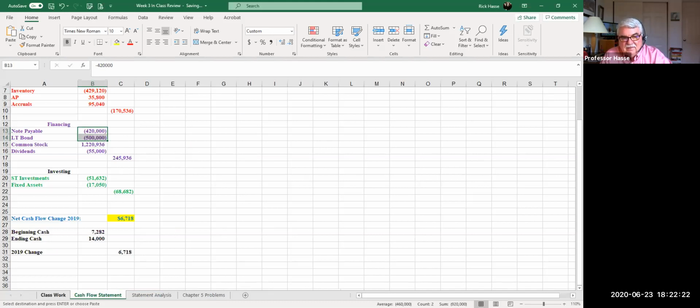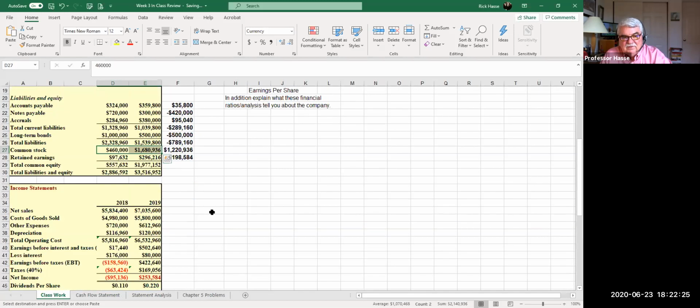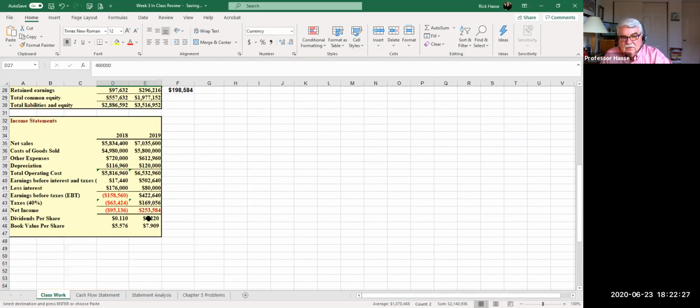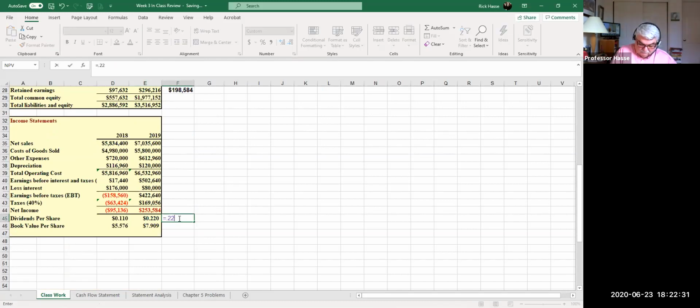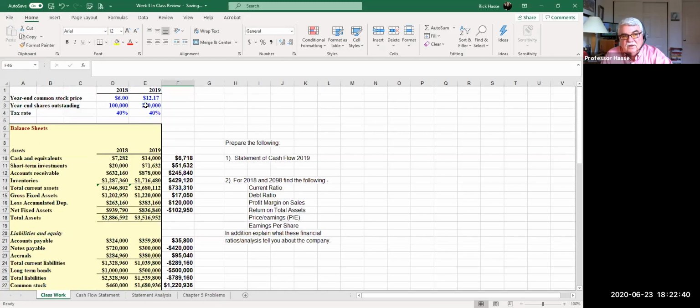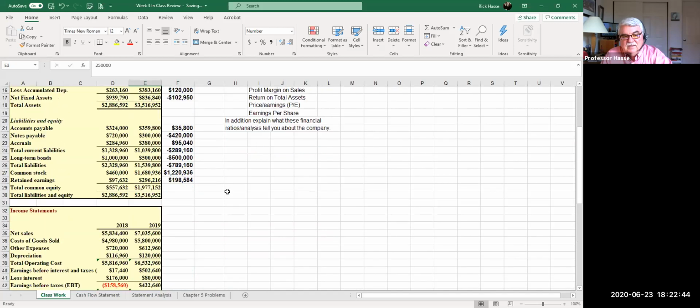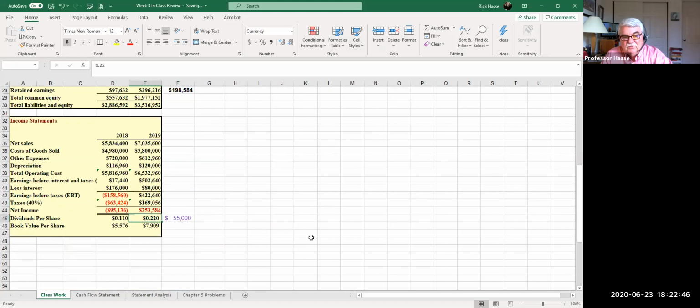And then finally, they paid $55,000 in dividends, 22 cents a share times 250,000 shares of stock. That's $55,000. There it is right there, 250,000 shares of stock at the end of 2019, and they paid 22 cents a share.